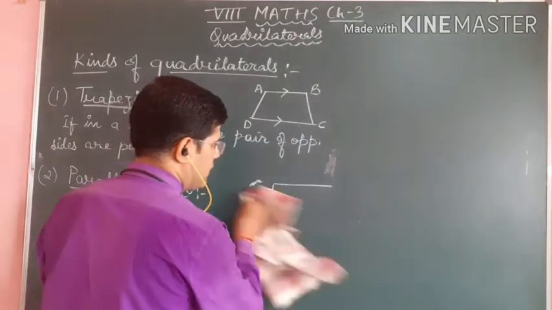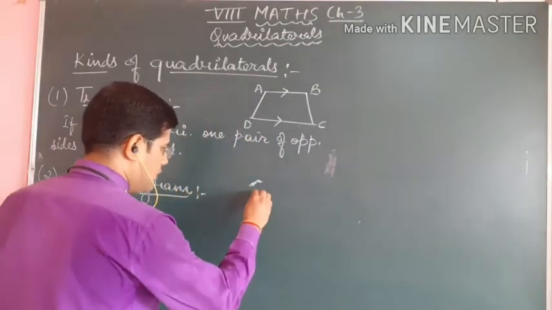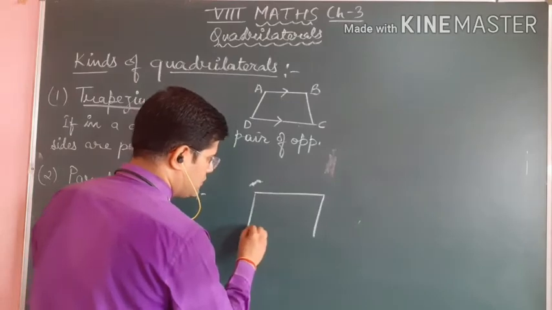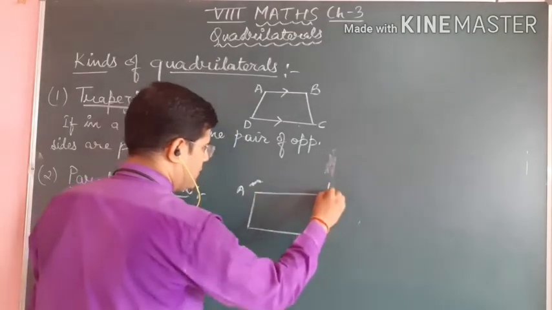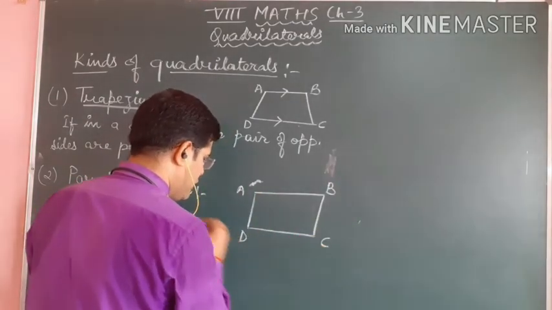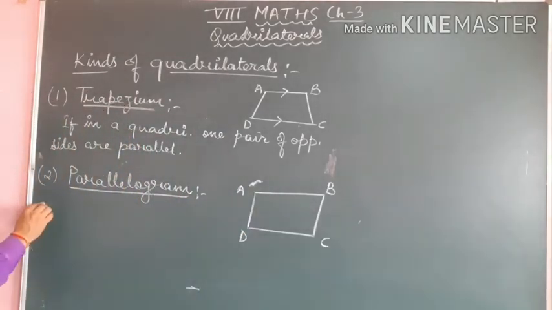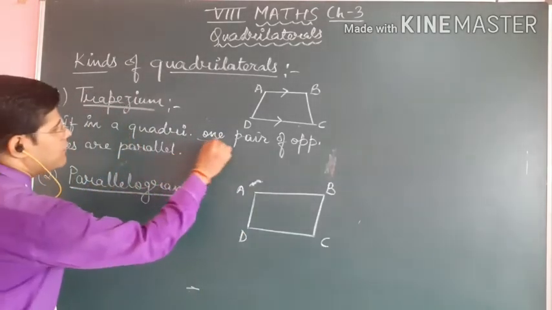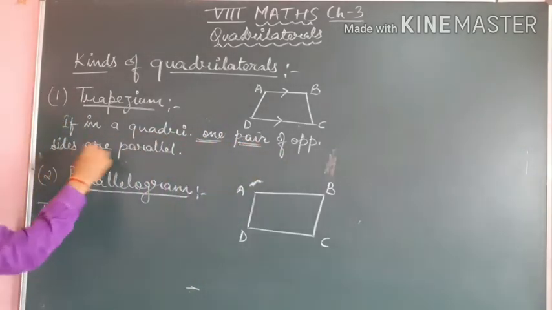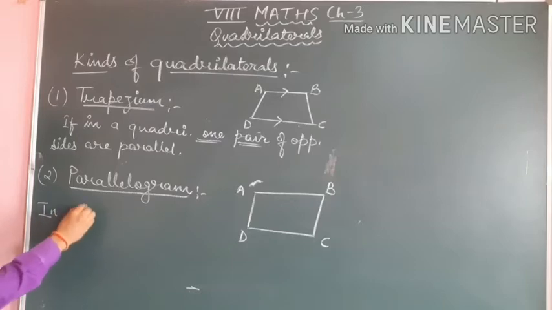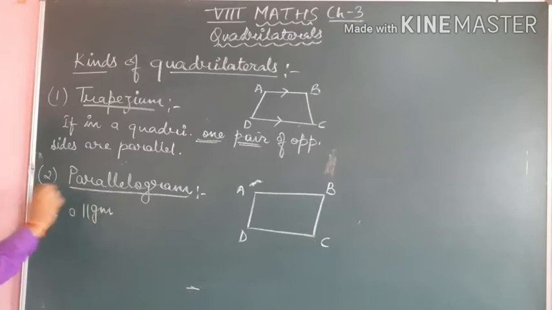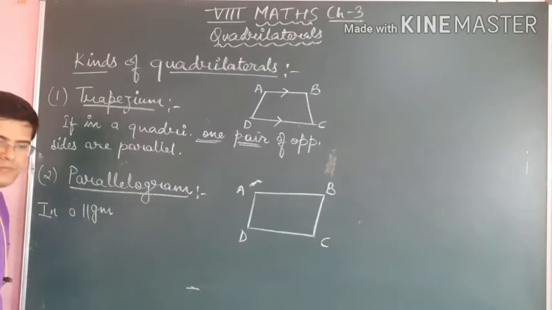Now this one is the parallelogram, named ABCD. In a trapezium, only one pair of opposite sides is parallel, but in a parallelogram, we can write parallelogram in short form as a parallel sign and GM.